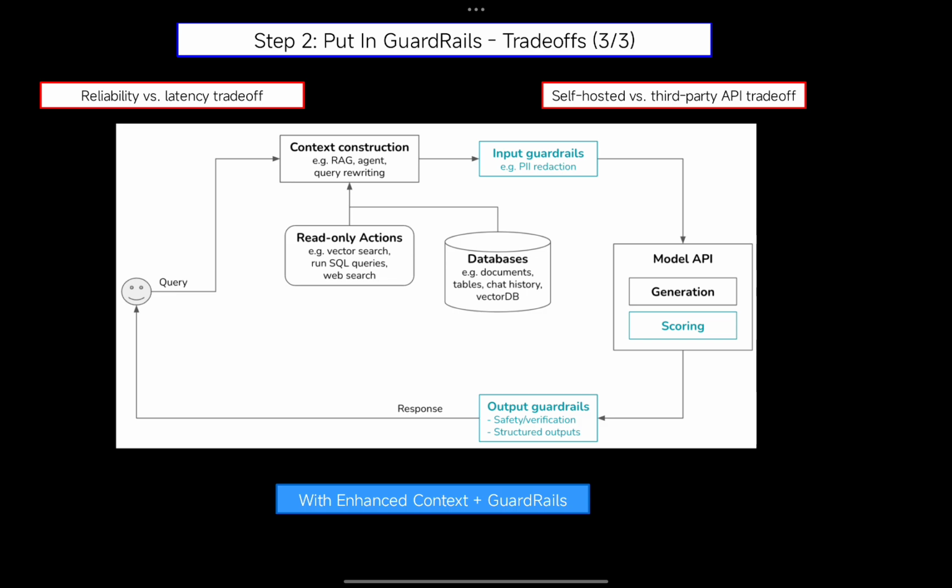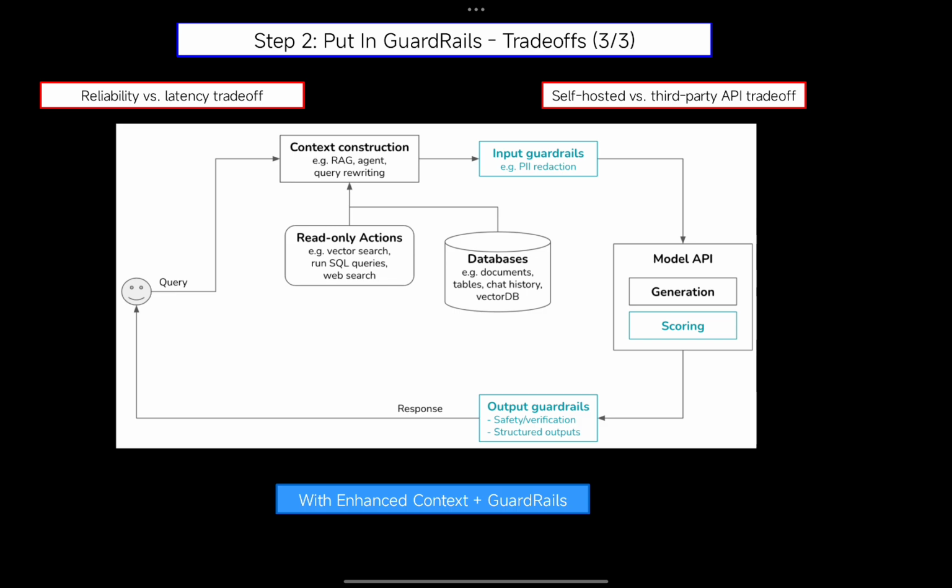Also, once the model generates the response, you can put in a scoring mechanism through which you detect the quality of the response, whether it meets certain standards or not. And then you can put in output guardrails which will ensure that structured output is generated, there are no empty responses, or the quality of the response is up to the mark, right?